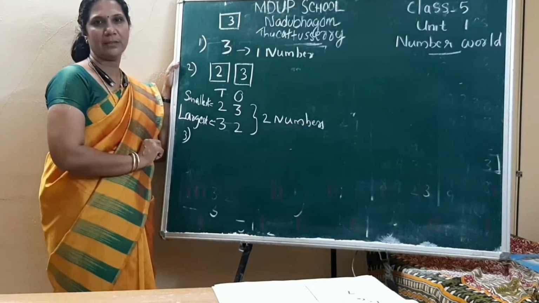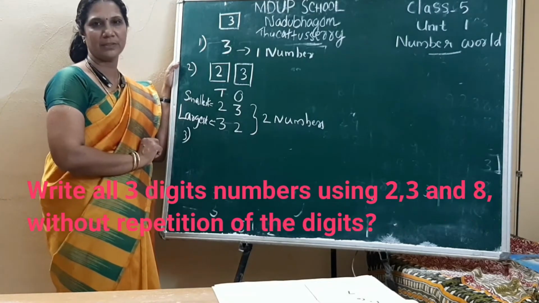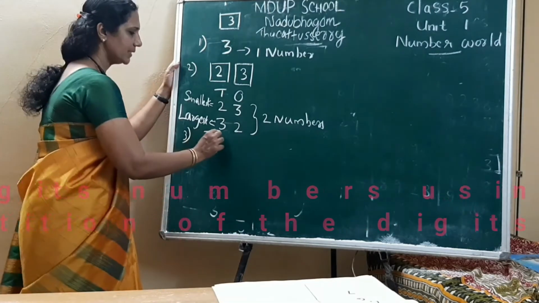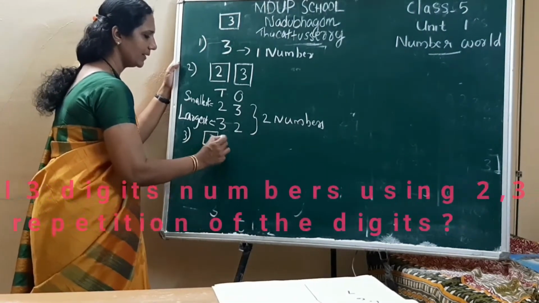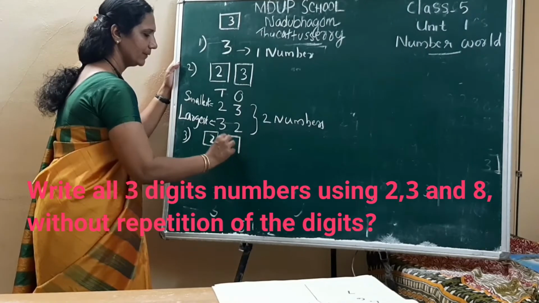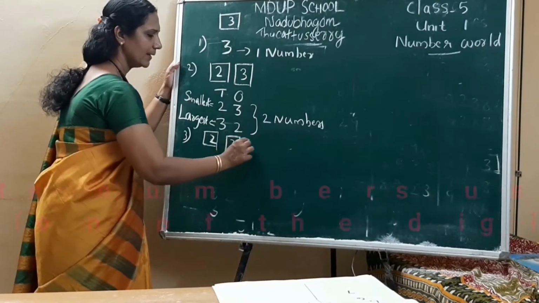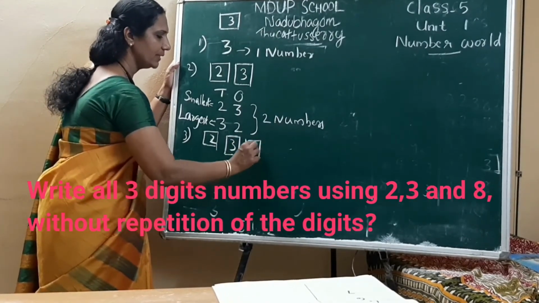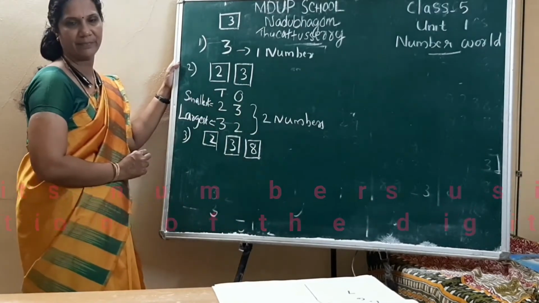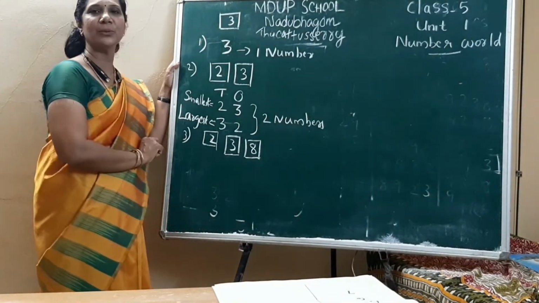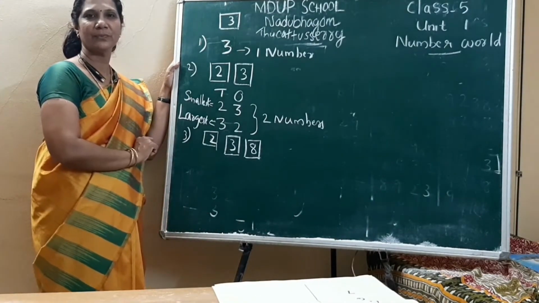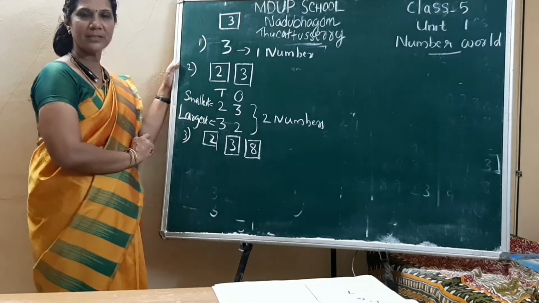Now, write down the third question. Can you write all three-digit numbers with the digits 2, 3 and 8? You have three digits, 2, 3 and 8. You try to write it in your notebook, all of you. Okay. What are the answers?